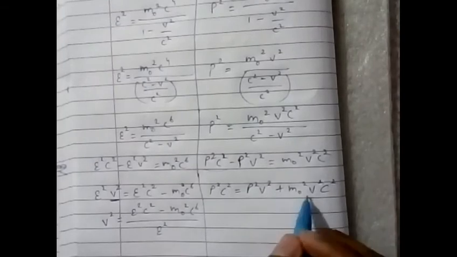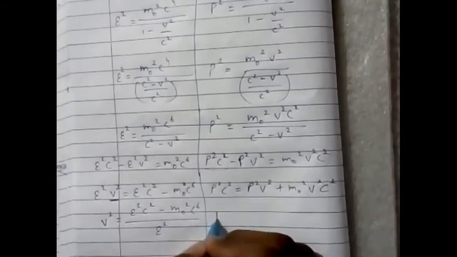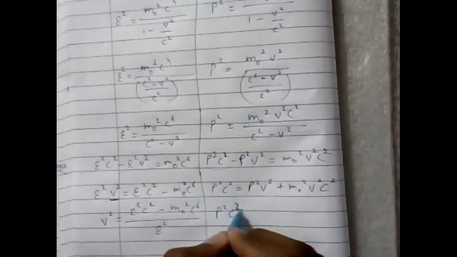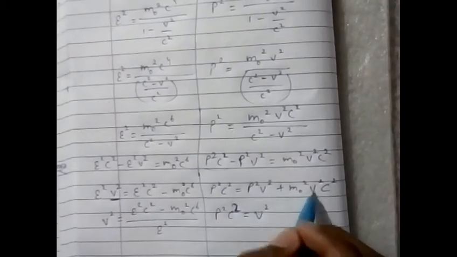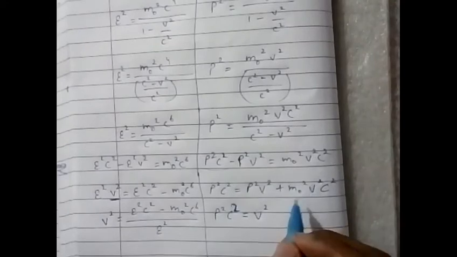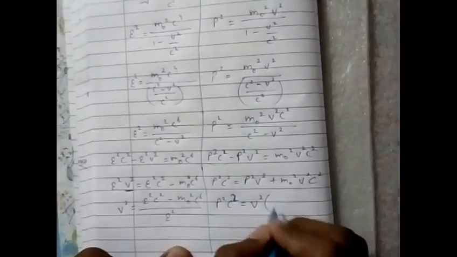Here we have to take this v squared as common, so it will be p squared c squared equals v squared, since we have taken both the v squared terms as common, times m naught squared c squared plus p squared. Now let it be equation 1 for v squared and let this be equation 2.